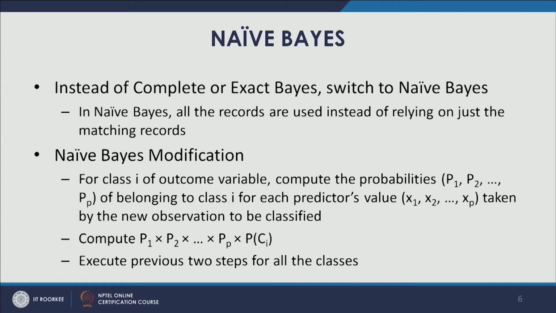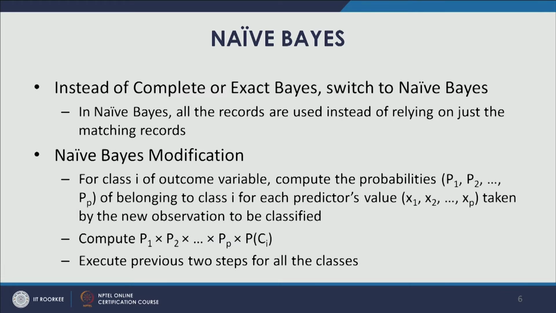The values could be x1, x2, up to xp, taken by the new observation to be classified. So, for each of those predictor values for the new observation, we compute the probability of a record having that particular value for a particular predictor belonging to class i.